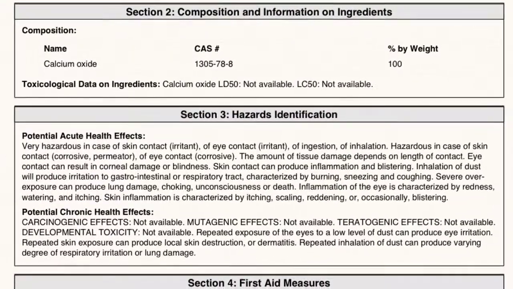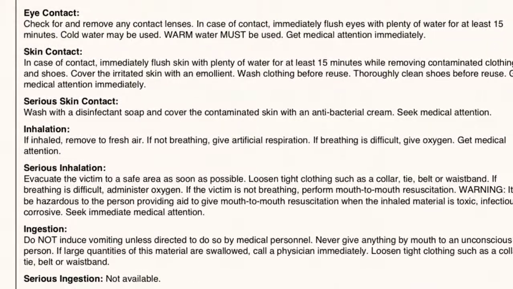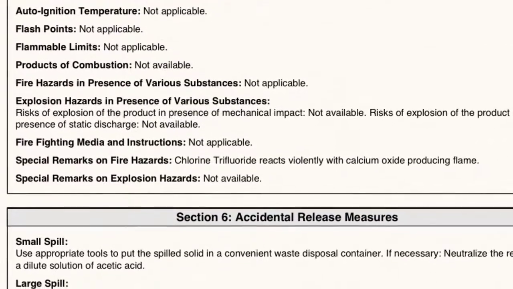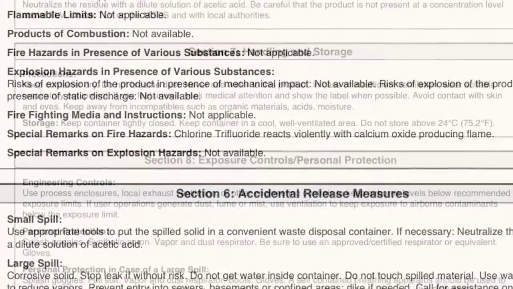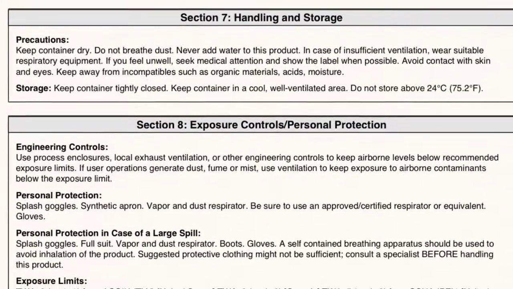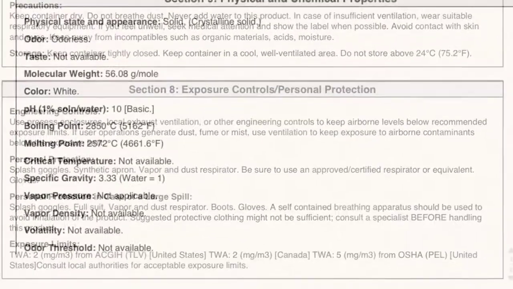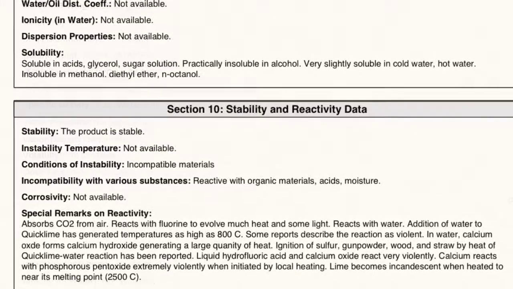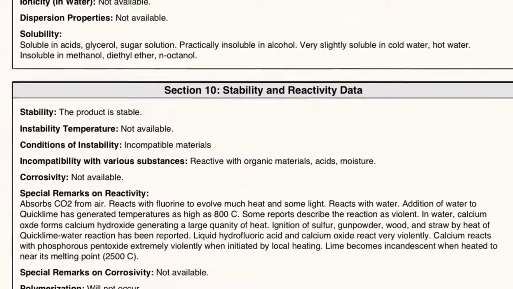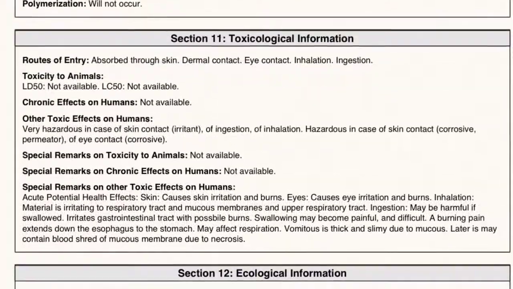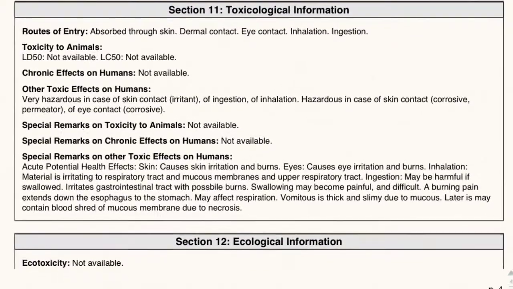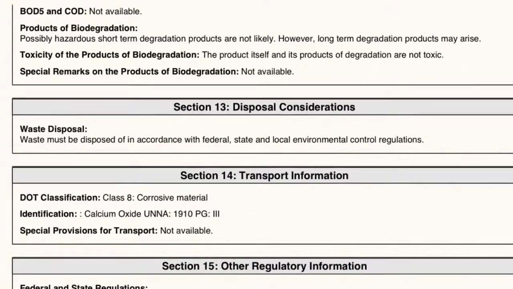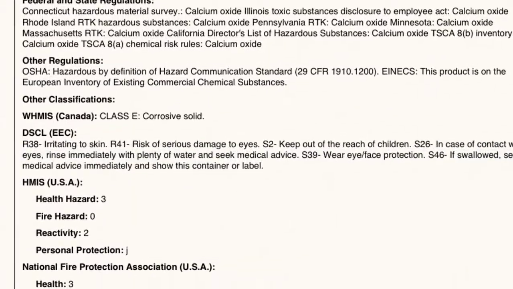This includes the chemical product and company identification, the composition and information on ingredients, the hazard identification, the first aid measures, the fire and explosion data, the accidental release measures, the handling and storage, the exposure controls and personal protection, the physical and chemical properties, the stability and reactivity data, the toxicology information, ecological information, the disposal considerations, transfer information, and other regulatory information. This also includes other information such as the references and the time it was last updated.